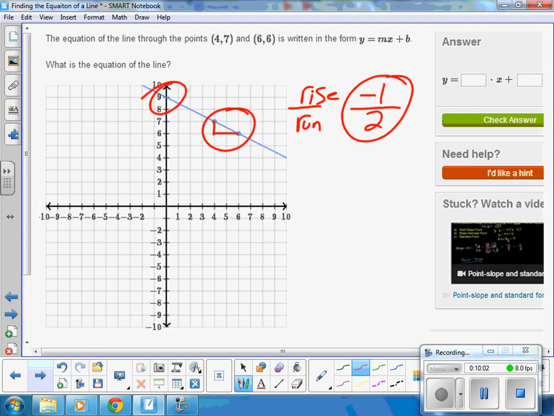My intercept is at 9. So my slope is a negative 1/2, and my intercept, when x is 0, y is 9. So my intercept B is 9.